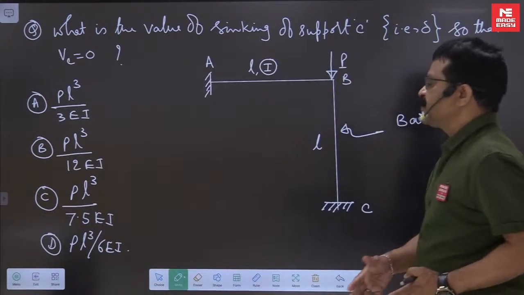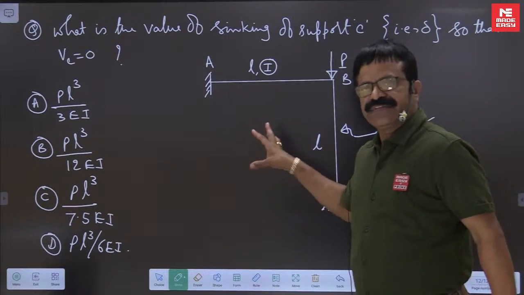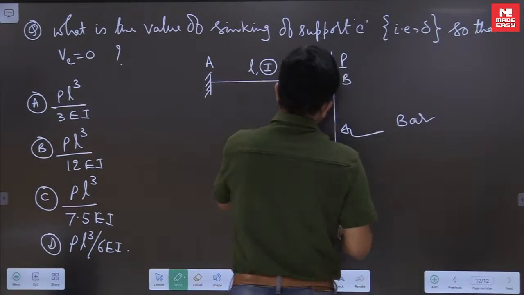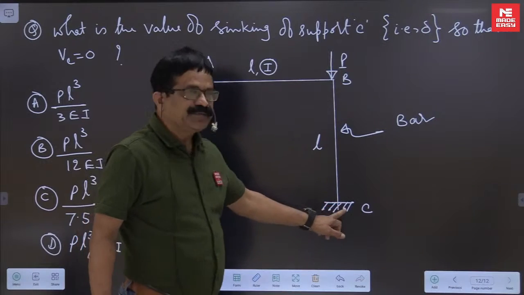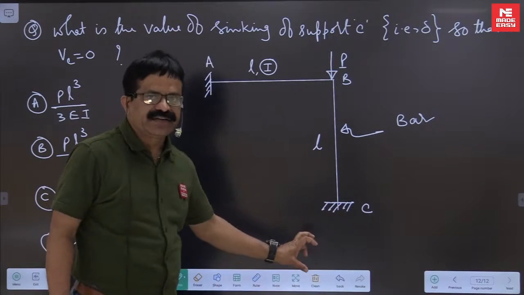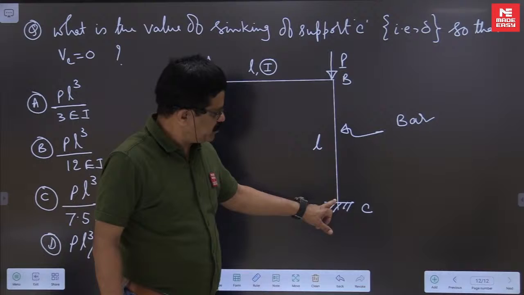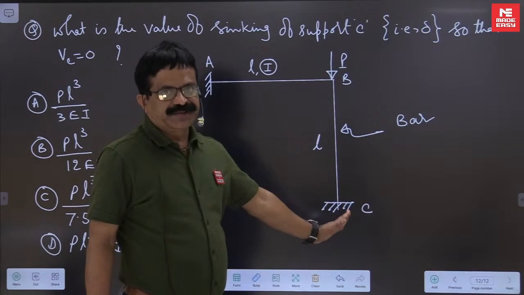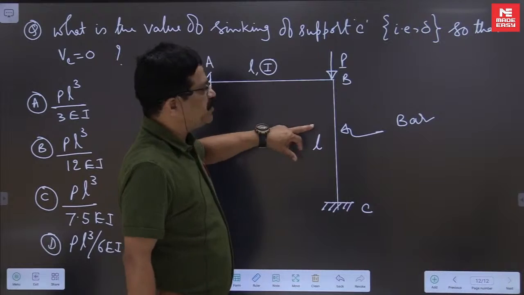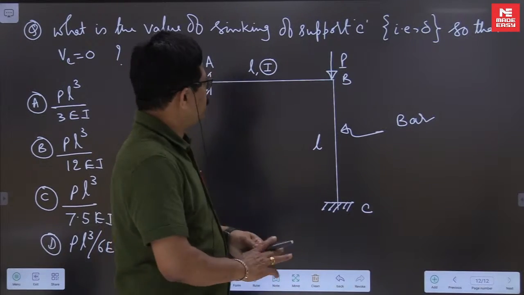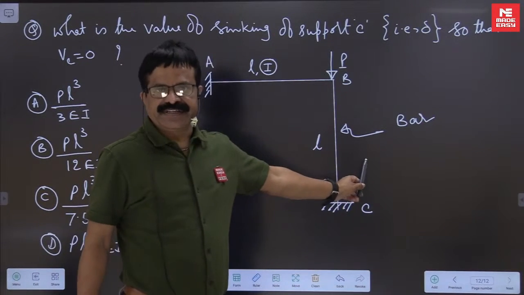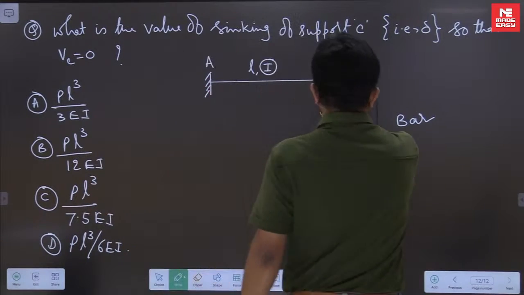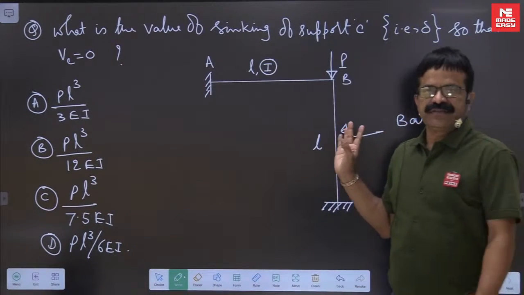In one of the GATE papers they have given this L and I value, and asked: if support C sinks down by delta, by how much should support C sink so that the reaction at C is 0. Supposing the I value is not given, they simply mention that it is a bar.